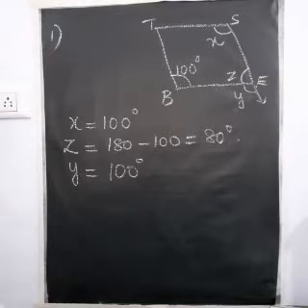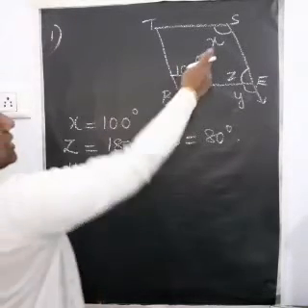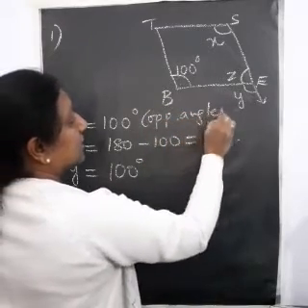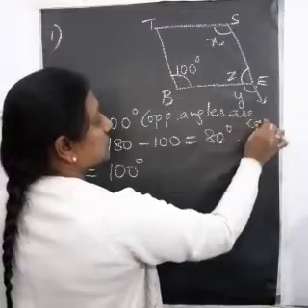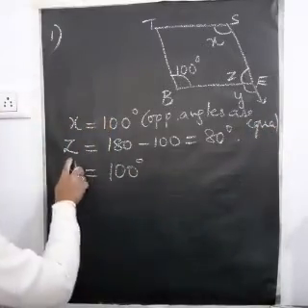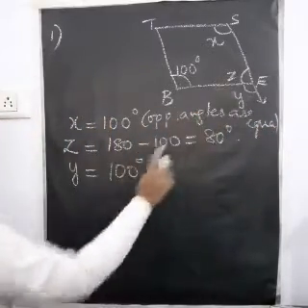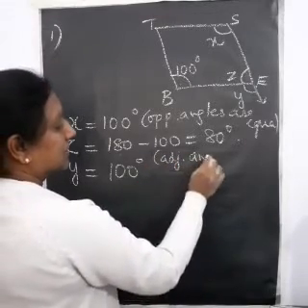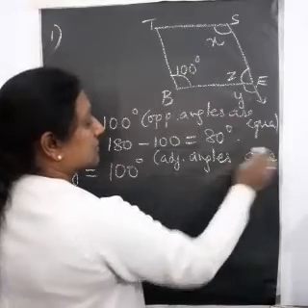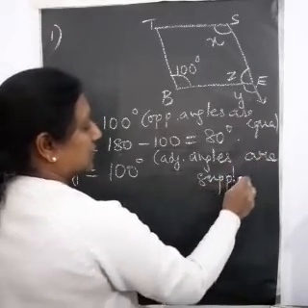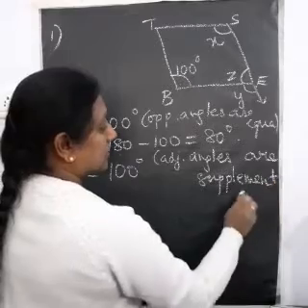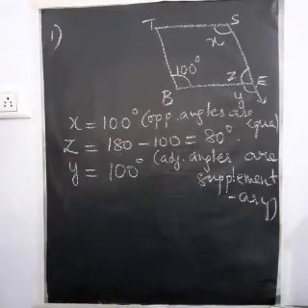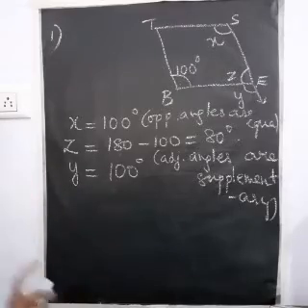So, what is the property I used? X is equal to 100. Why? Opposite angles are equal. Then how did I get Z? For Z I used the property that adjacent angles are supplementary. Then for Y, we can use either linear pair or corresponding angles.